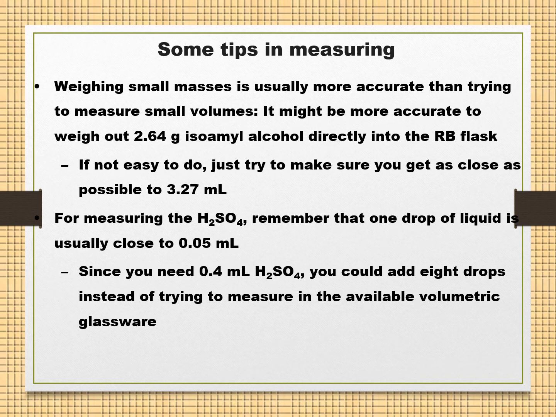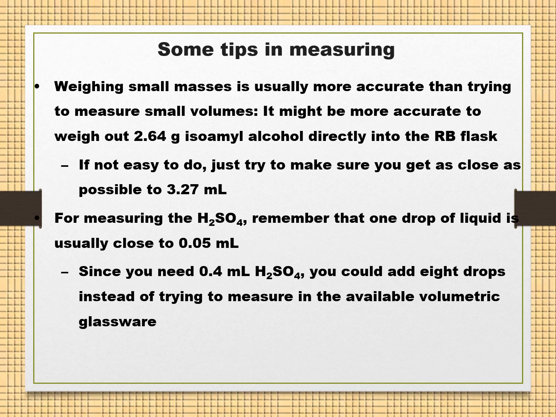Similarly, we will be using 0.4 milliliter of sulfuric acid, but it is very difficult to measure this amount, so you can use drops, and one drop is approximated to be 0.05 milliliter.